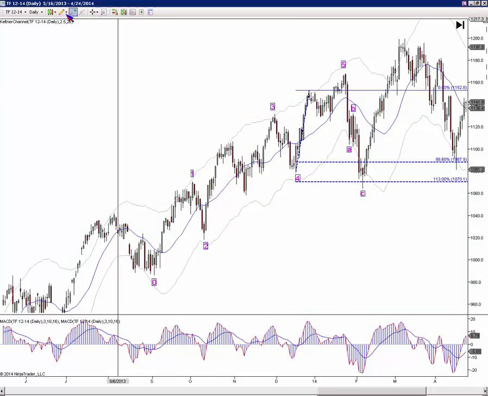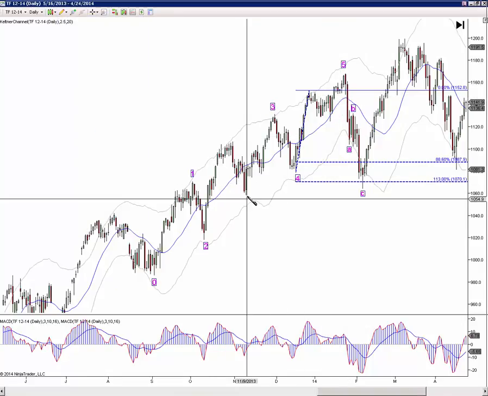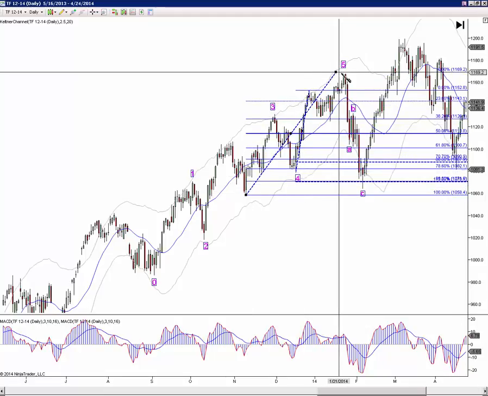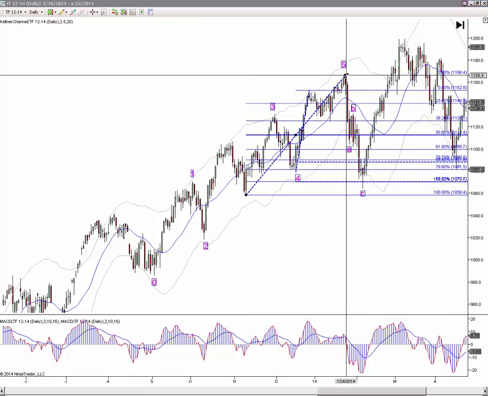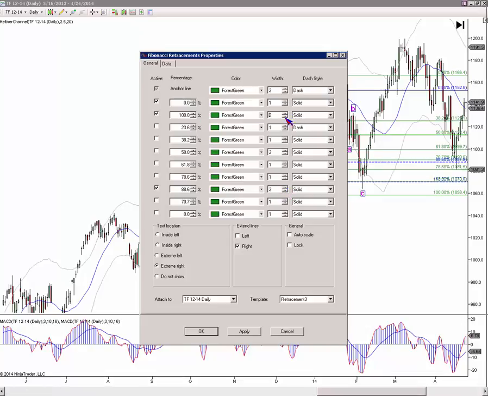All right, so that's 1. Then we're taking this swing low here to this swing high. All right, and we're going to paint a different color here. And your 100%.